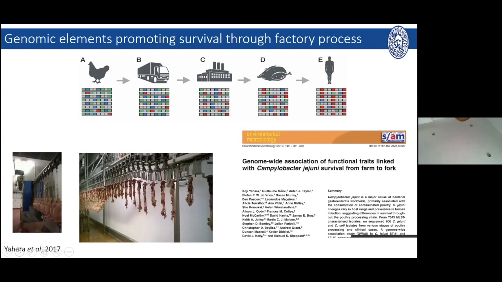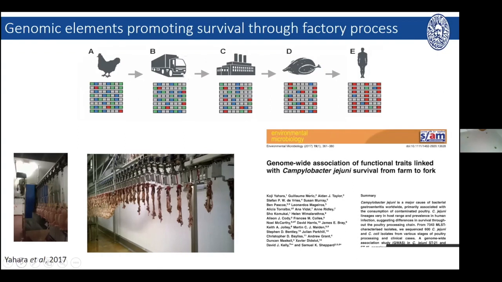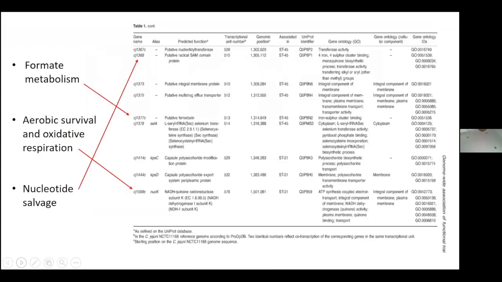So are there certain strains that have elements that allow them to survive through the poultry processing chain and end up in humans to cause clinical infection? And they did. They found a list of genes that were associated with human clinical infection. An important one of these is obviously aerobic survival.